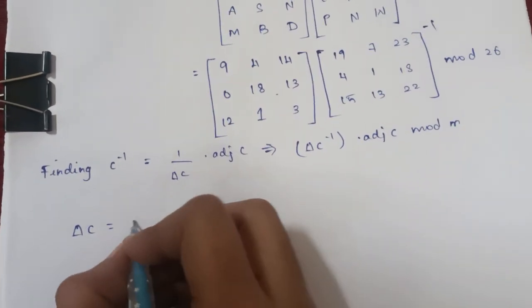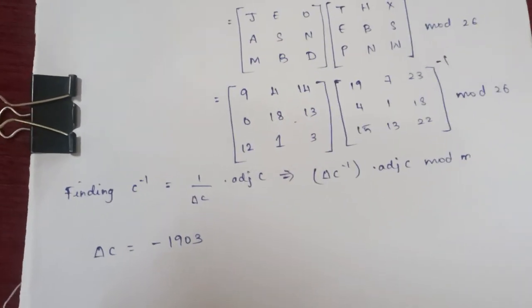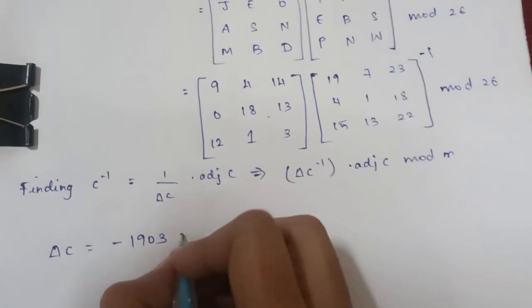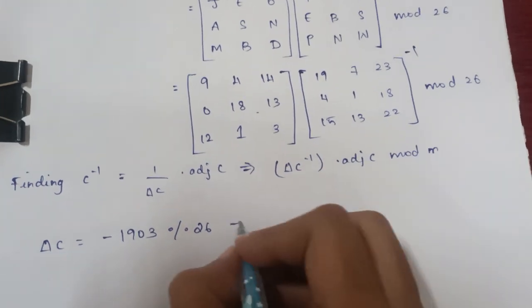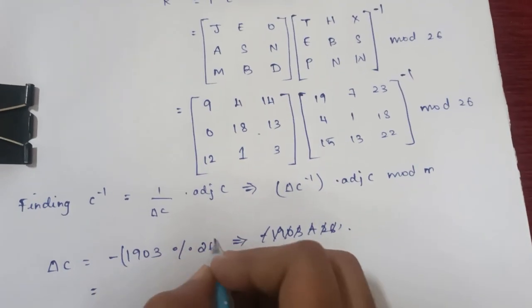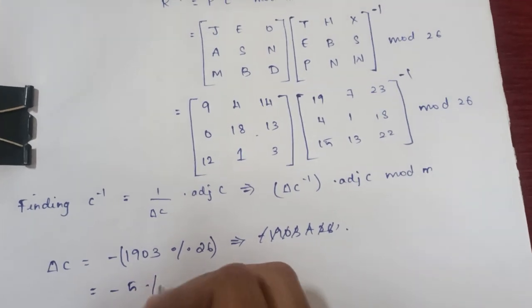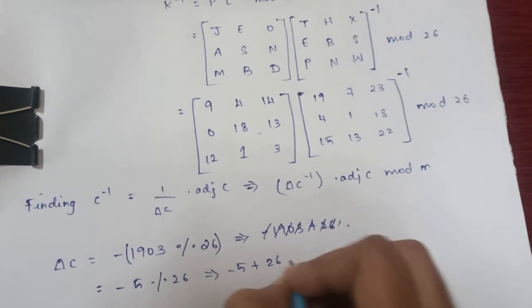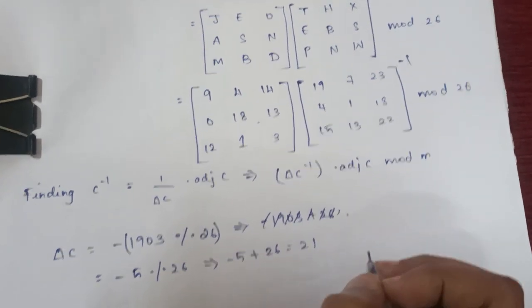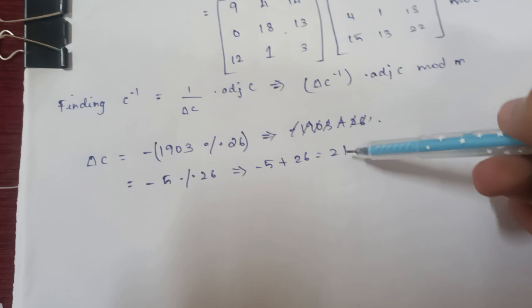We'll be getting something around minus 1903. Since we're dealing with modular arithmetic, this is mod 26. Since this is negative, we take minus 5 plus 26, that is 21. So we have found that the determinant value is 21.